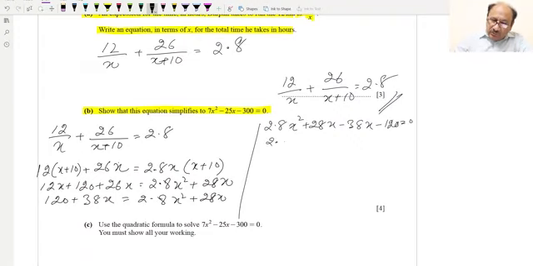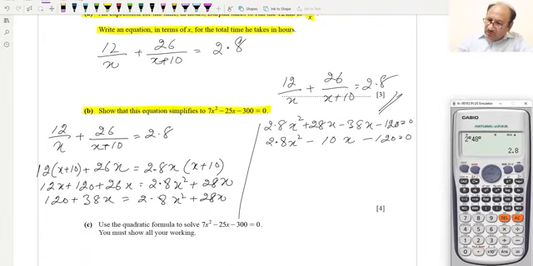Again adding the like terms, it will be 2.8x squared minus 10x minus 120 is equal to 0. Now, if we check this equation, we have 7 as the coefficient of x squared in the target, but we have 2.8. So how can we get 7?